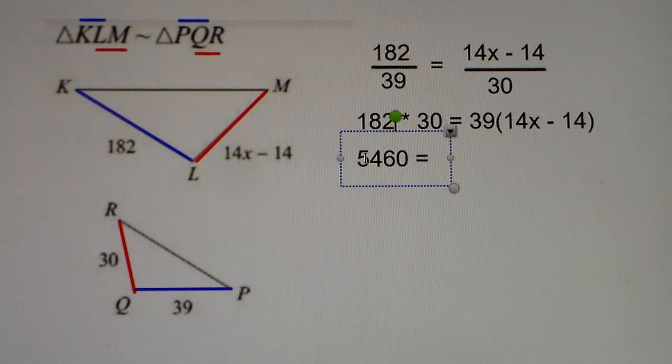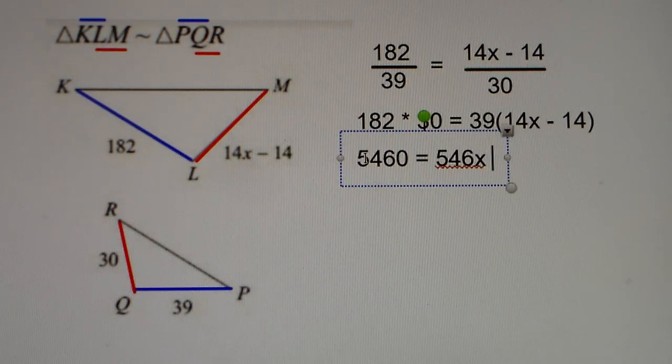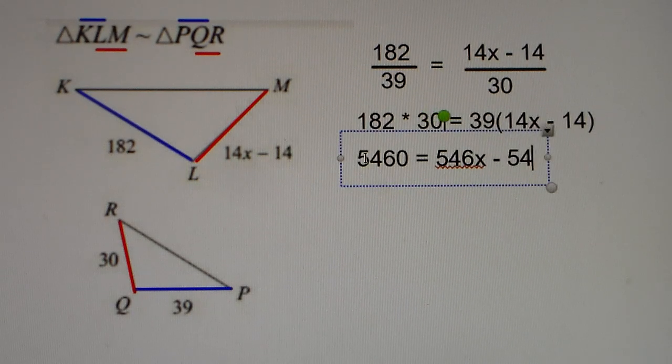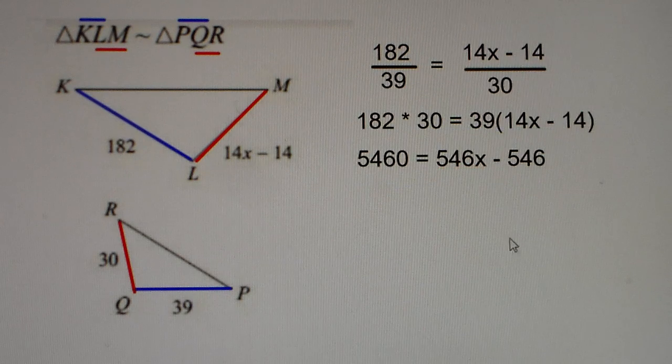And that's equal to now 39 times 14 is 546. X is minus, now 39 times 14 is 546 again. So that's how we get that equation.